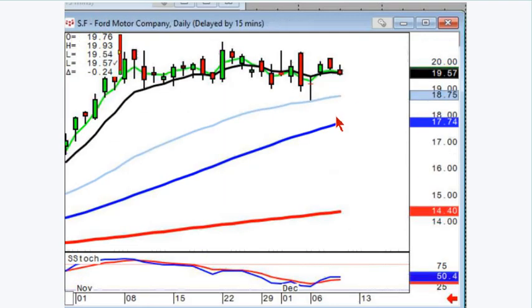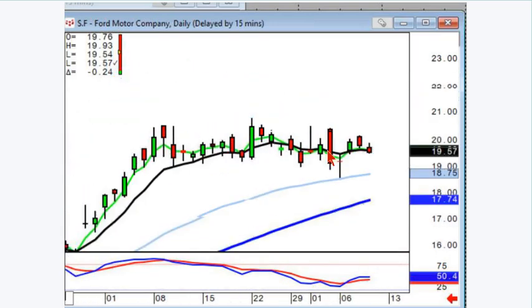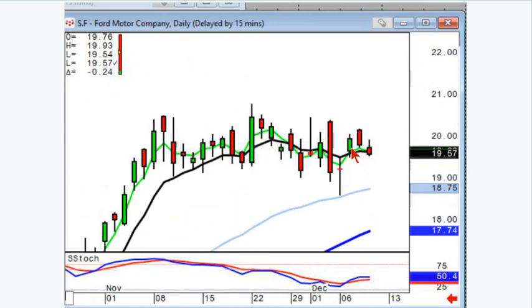Let's see, we'll take a look at Ford. The question was that the Ford did a bullish signal the other day. Your best friend's signal. It opened positive, but as soon as it opened positive, what did it do? It started selling off.